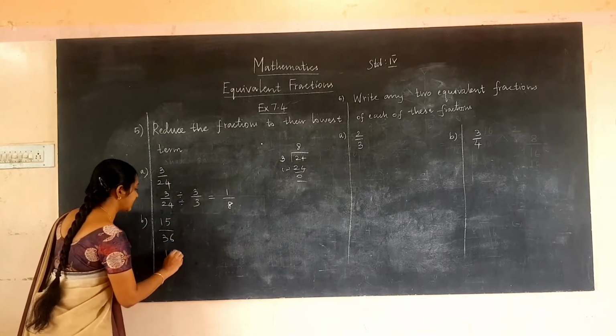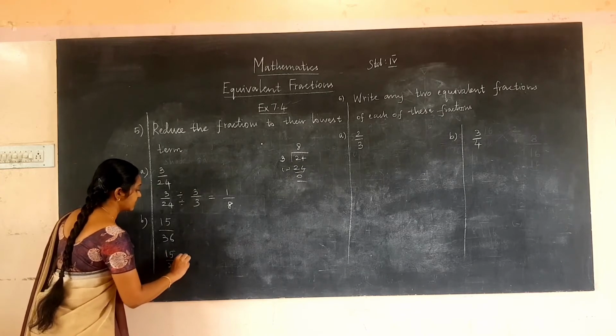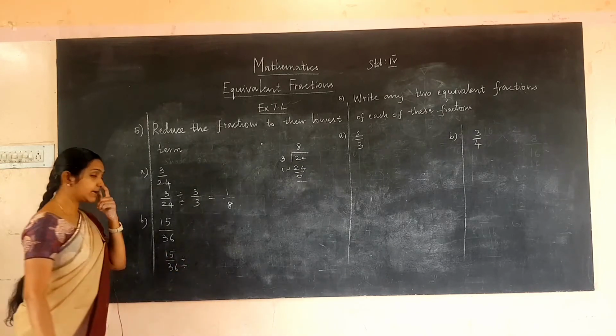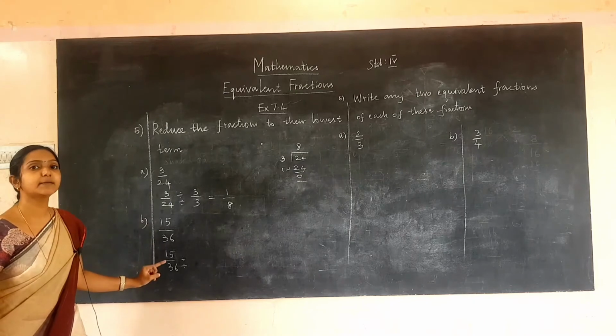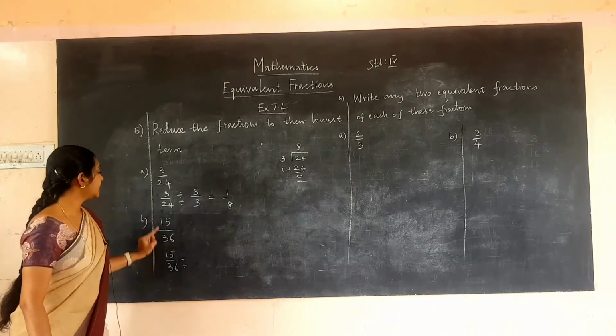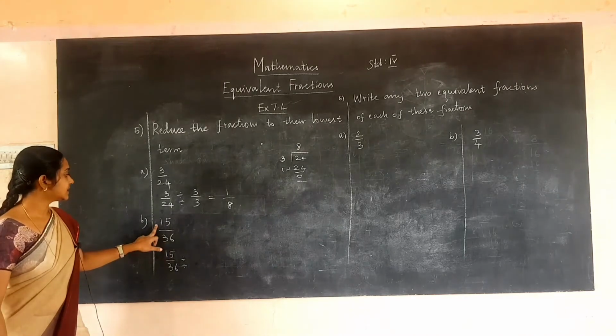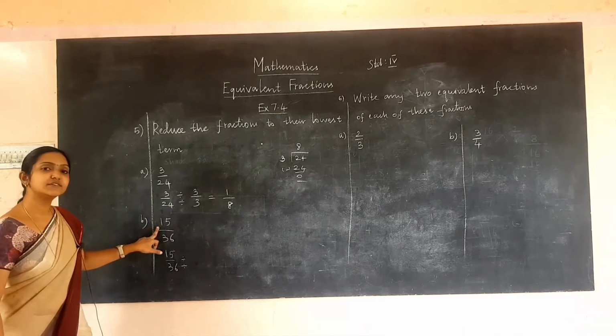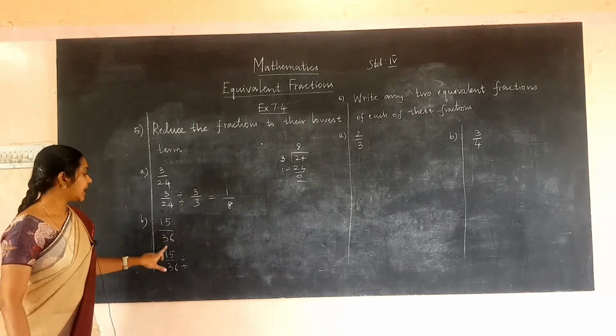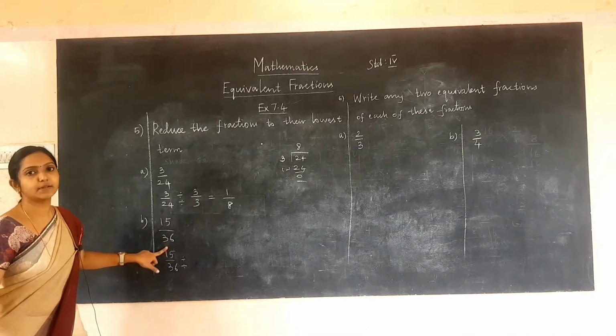Next, it is 15 by 36. We have to divide both numerator and denominator by a same number. We should find a common factor for them. You can see that 15 is divisible by 3 and 36 is also divisible by 3.